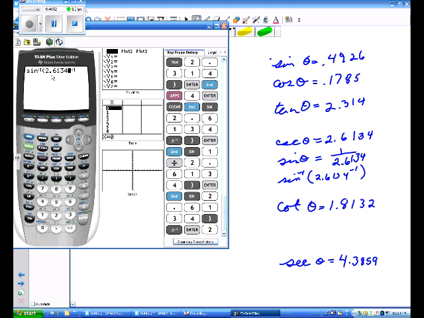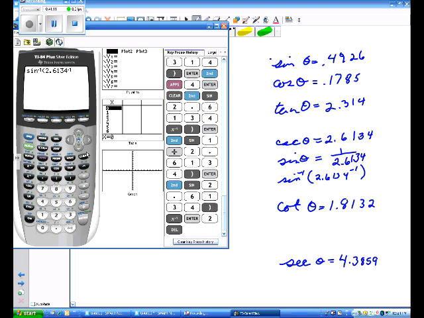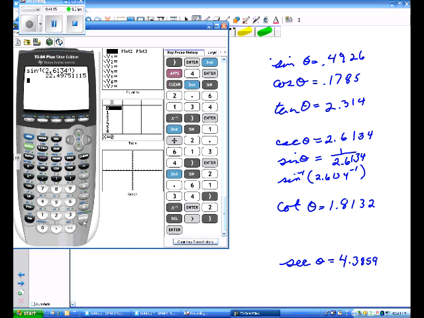Sine is opposite over hypotenuse, which means that it always has to be less than 1, or at 90 it's equal to 1, but it can't be bigger than 1 because the opposite side can't be bigger than the hypotenuse. So that's why it gives us an error message here.